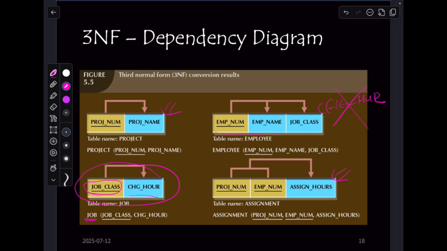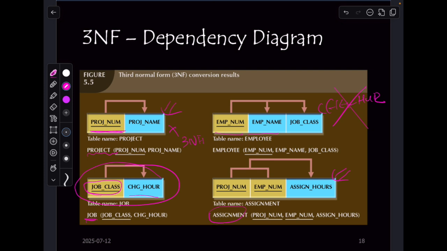So as a conclusion, let's do it one more time. In this project table, what is the primary key? Project number. It's not a composite primary key, so there is no partial dependency. So it's in second normal form, and there is no transitive dependency either. So we say it's in third normal form. Now, assignment.